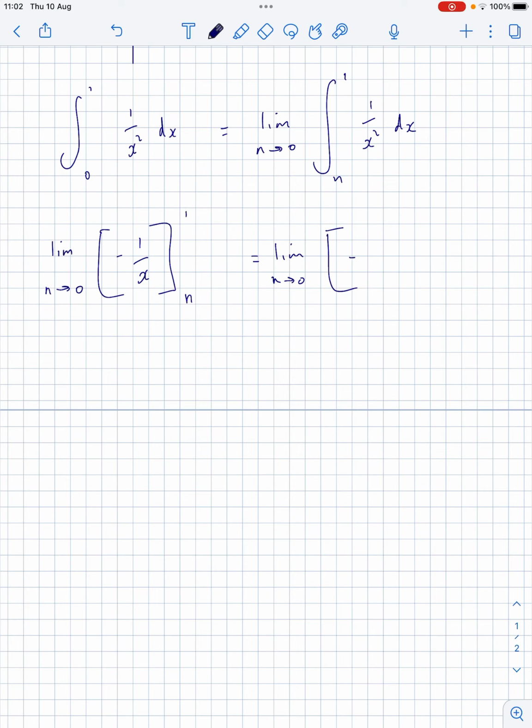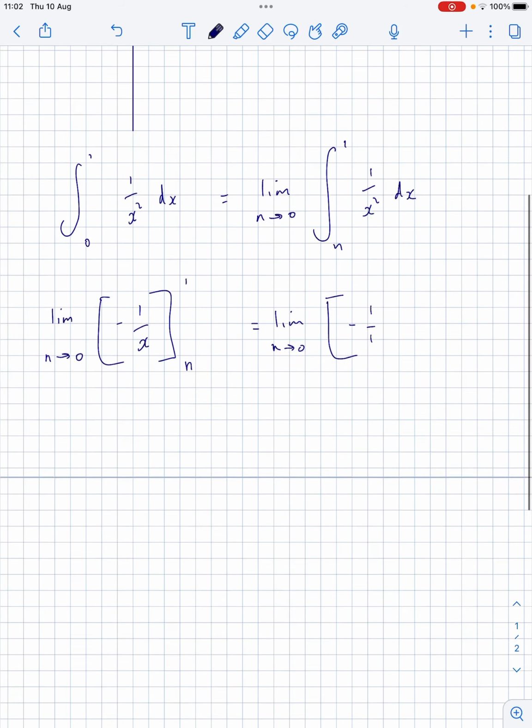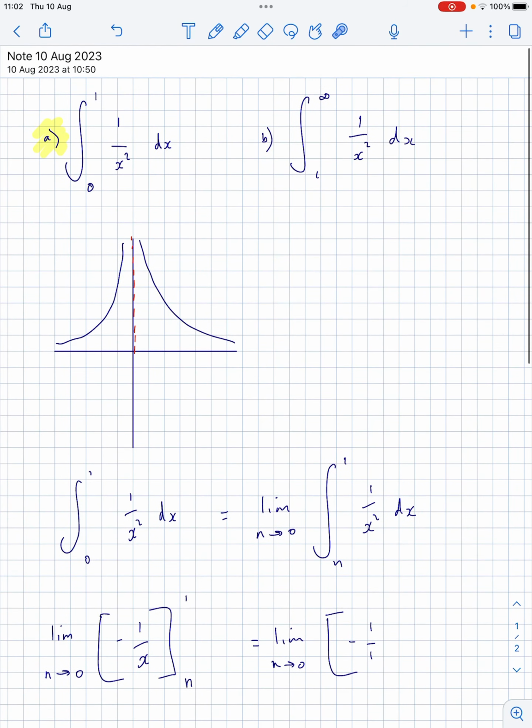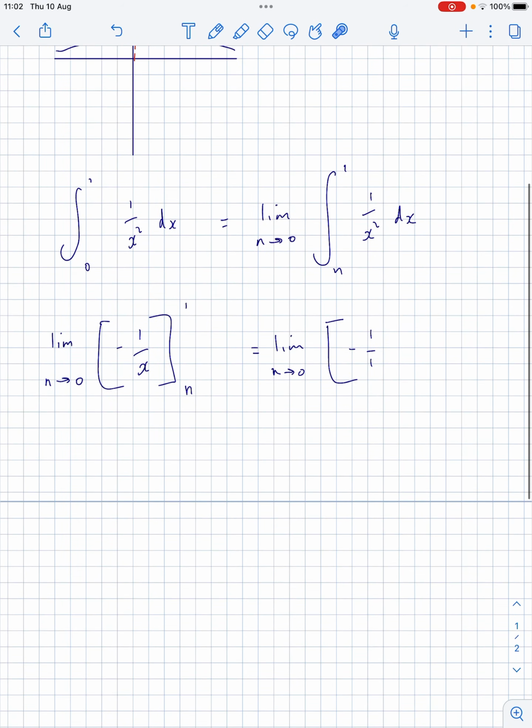When I substitute 1 in, I get negative 1, which already is a bit odd, because all of the values here on my graph have to be positive, so that's already a bit weird. And then I'm going to minus 1 over n. Getting to that point, we're doing quite well, but it's this line of working that's going to get you the full marks.